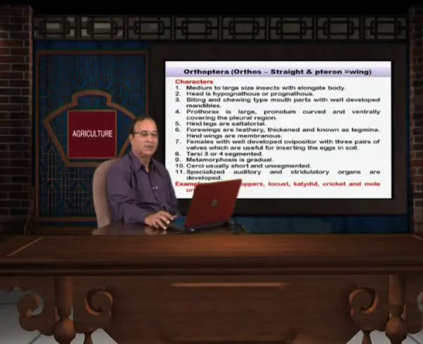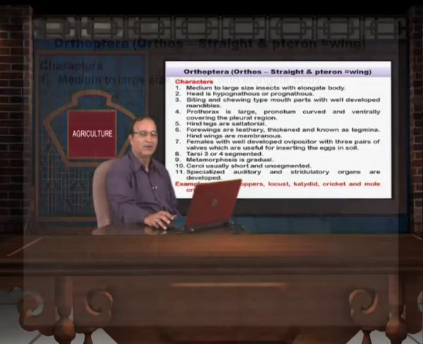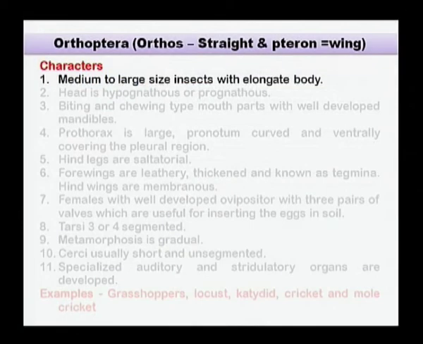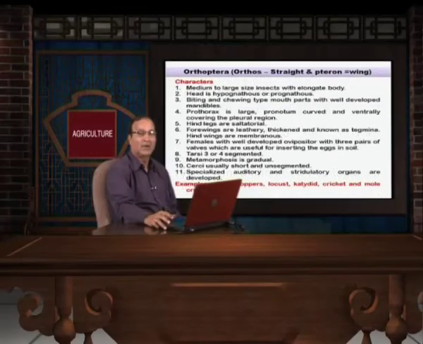As far as the characters of the order Orthoptera are concerned, these insects are medium to large in size, having an elongated body. Head is hypognathous or prognathous. It means either the head axis is vertical or the head axis is horizontal.